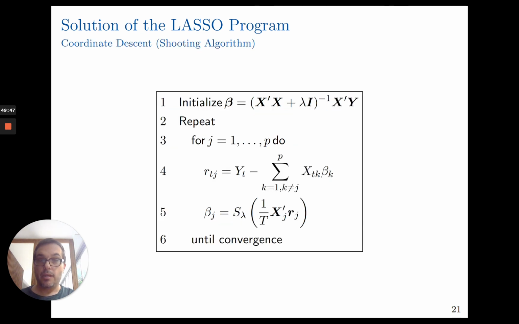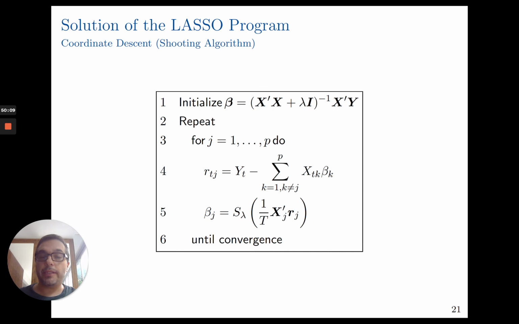We can write down a very simple algorithm to solve the lasso program. So basically, you pick a lambda and you start with a value for beta. Here in line 1, you see on the screen, we are starting beta as a ridge solution.